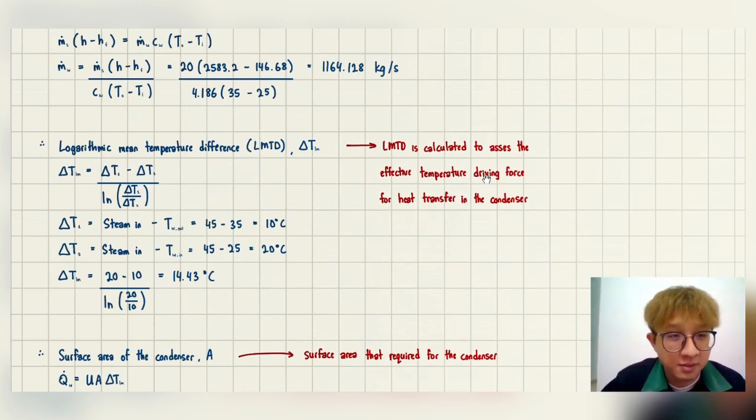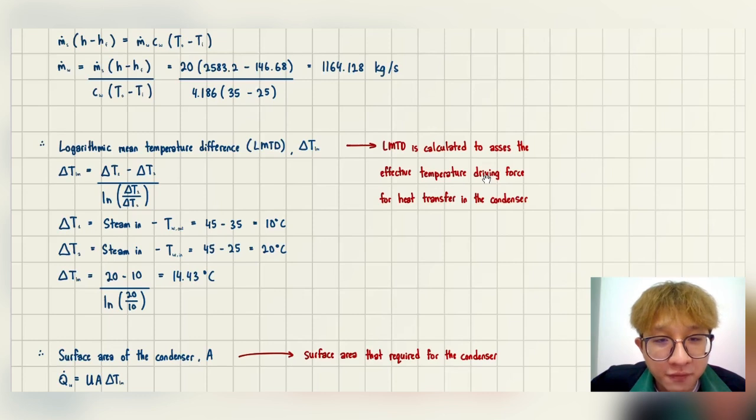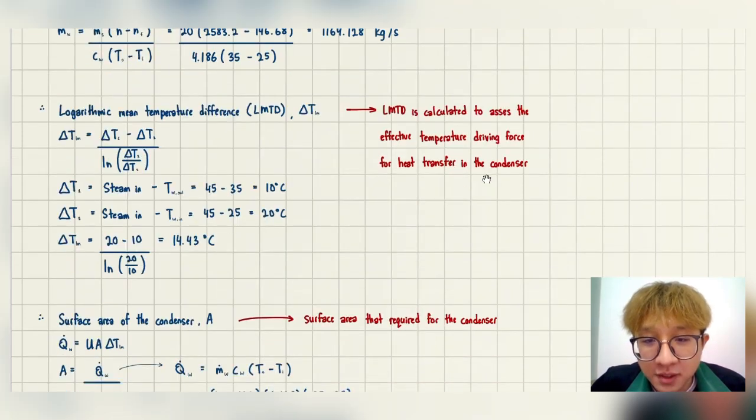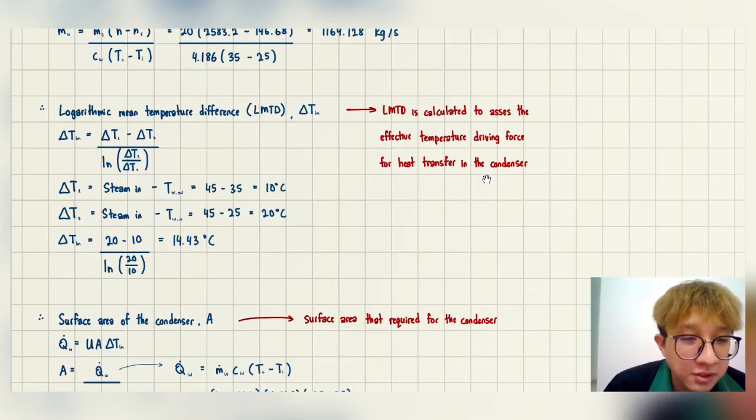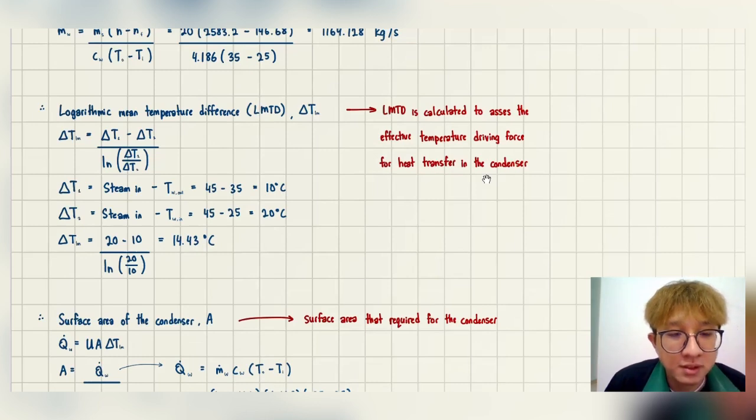Next we are going to calculate the logarithmic mean temperature difference. This is calculated to assess the effective temperature driving force for heat transfer in the condenser. The formula is delta T2 minus delta T1 divided by log of delta T2 divided by delta T1.